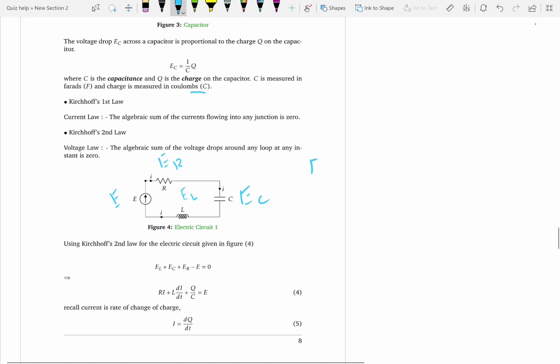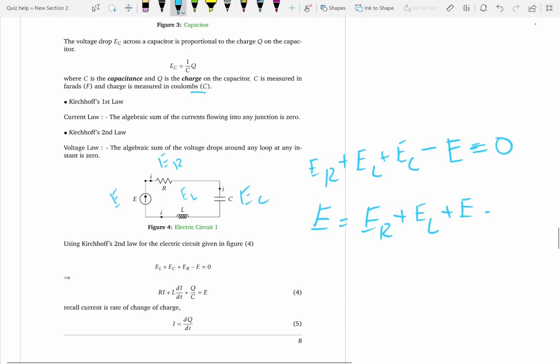So E sub R plus E sub L plus E sub C minus E. Even though it's a sum, we have minus E because that's the voltage source, so that's where the voltage is coming from. That's not a drop. So we have minus E equal to 0. From here we get that E is actually E sub R plus E sub L plus E sub C.